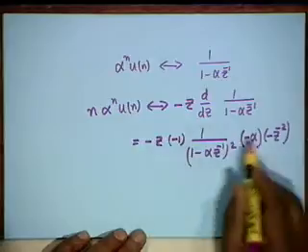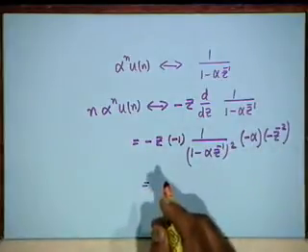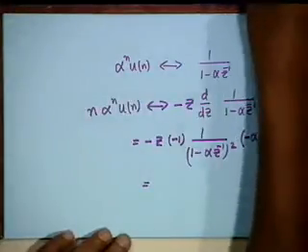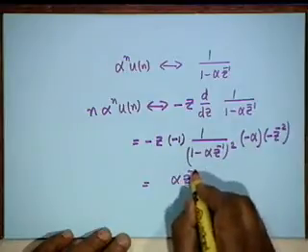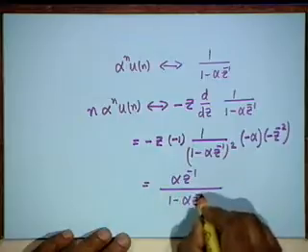Take care of all these minus signs, and the result is alpha Z inverse divided by, I hope I am right, 1 minus alpha Z inverse whole squared.